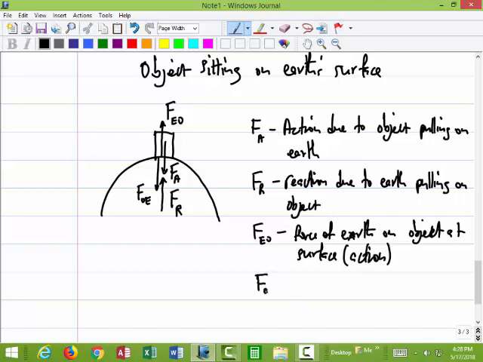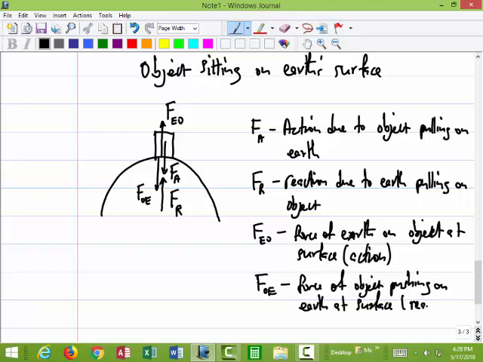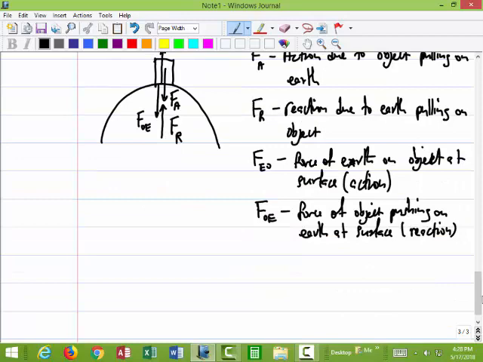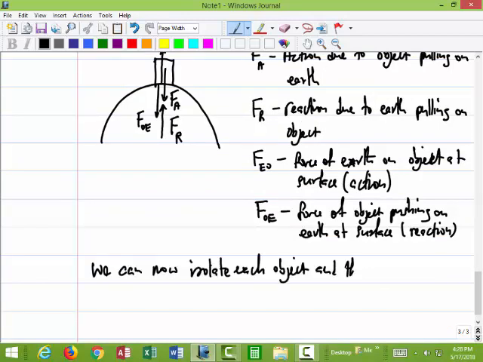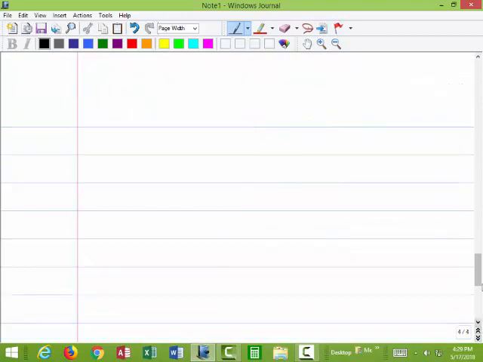And then the force of object on the earth is the force of object pushing on earth at surface. And this is a reaction if you like. And so we can now isolate each object individually and then apply Newton's second law to each object. So let's do that next.